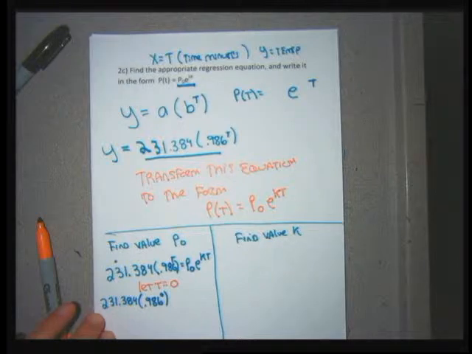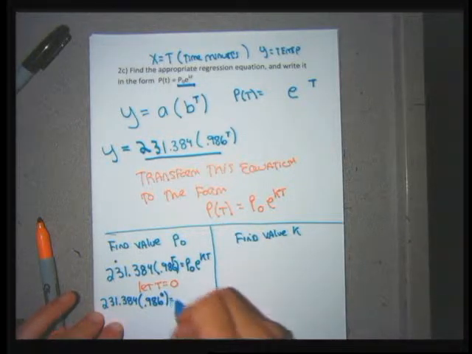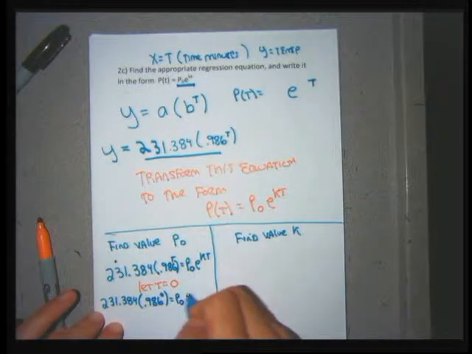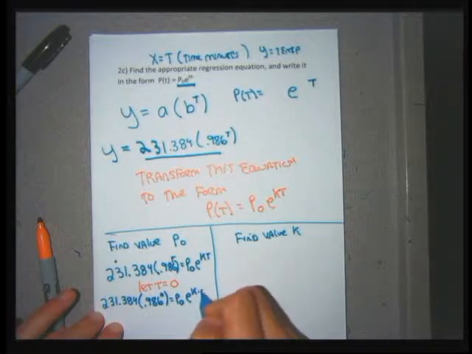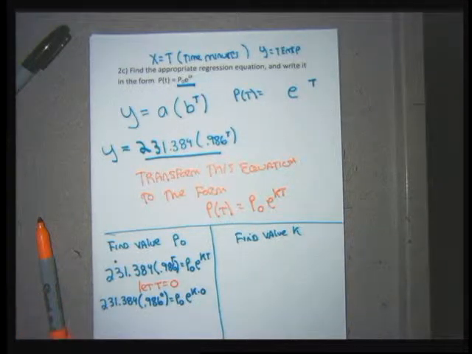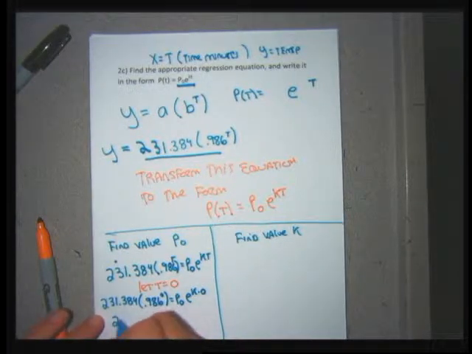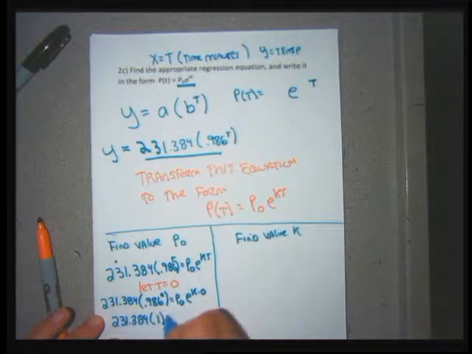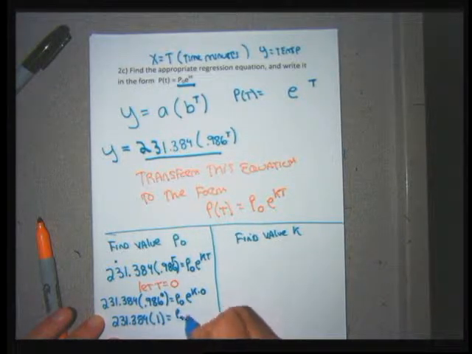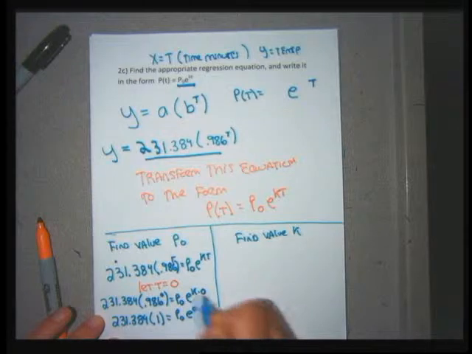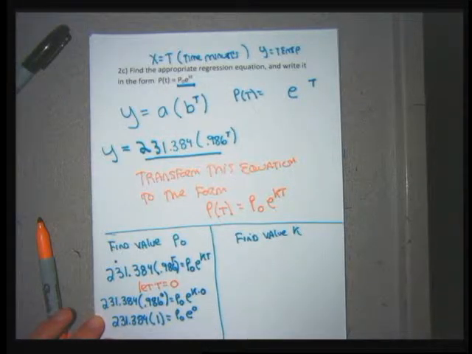231.384 times 0.986 to the 0 equals P sub 0 times e to the k times 0. On the left-hand side, anything to the 0 power is 1, so I get 231.384 times 1. And on the right-hand side, I get P0 times e to the 0 power, because if I multiply the k times 0, I get 0.